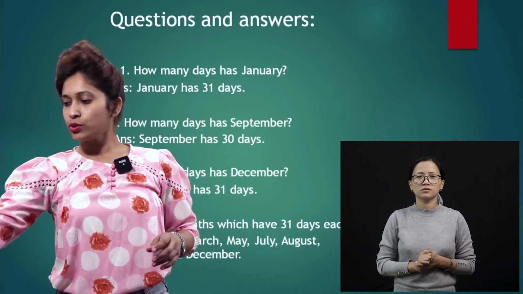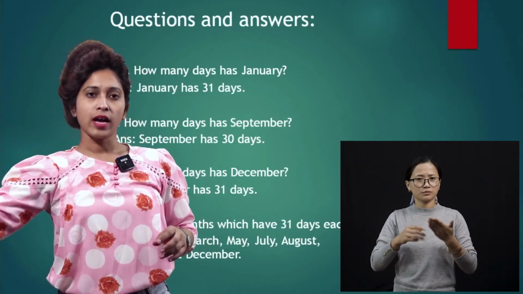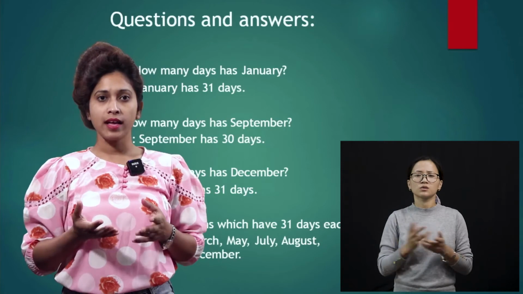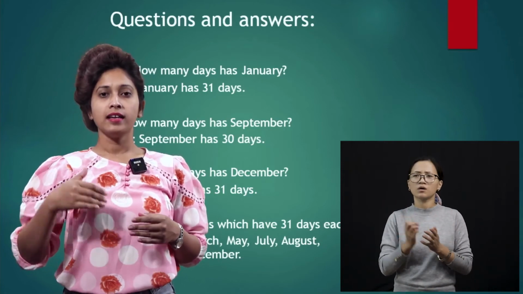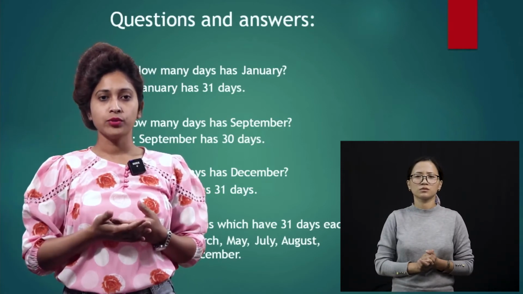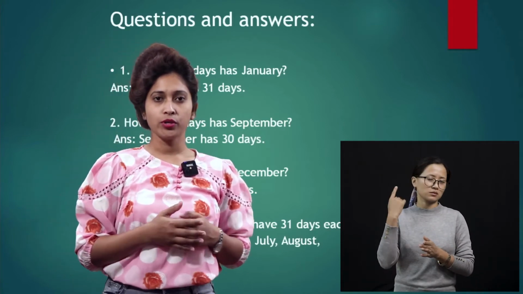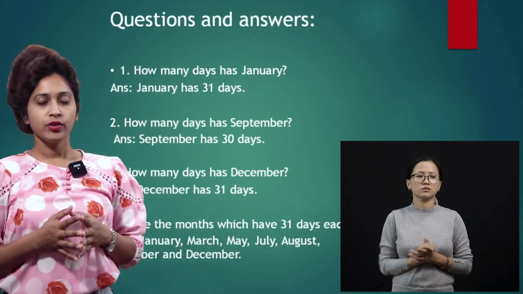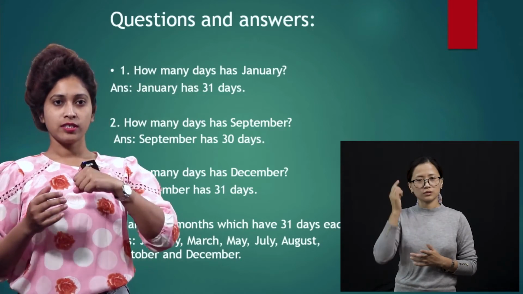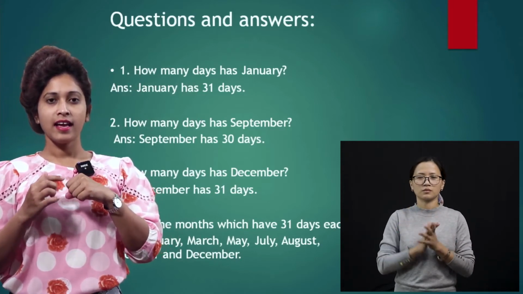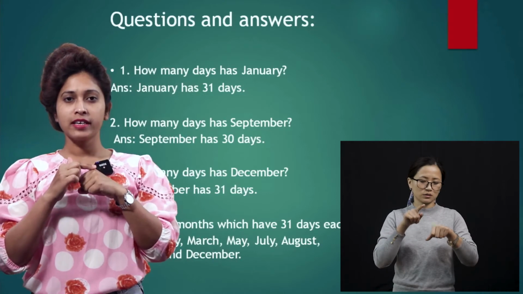And then the most important part is you have to know which month has how many days, and for that you have to know a very simple trick that I taught you yesterday. I'm sure you remember. Can you recall it, children? We just keep our fist here, right? And then we counted from the top part of our knuckles here.